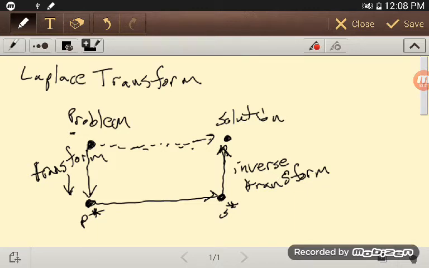We will solve that problem going this way, and then we'll have to go back to our solution. And actually, as things go, this turns out to really be mostly an exercise in algebra. There's a lot of algebraic work in doing all this, and so that's where we're going with this.